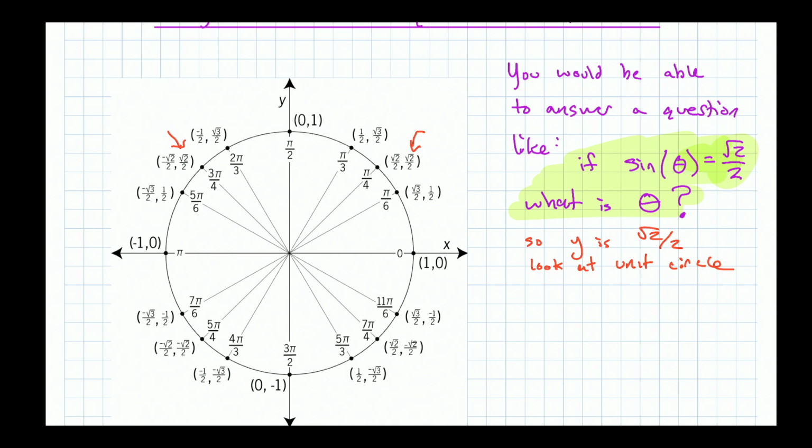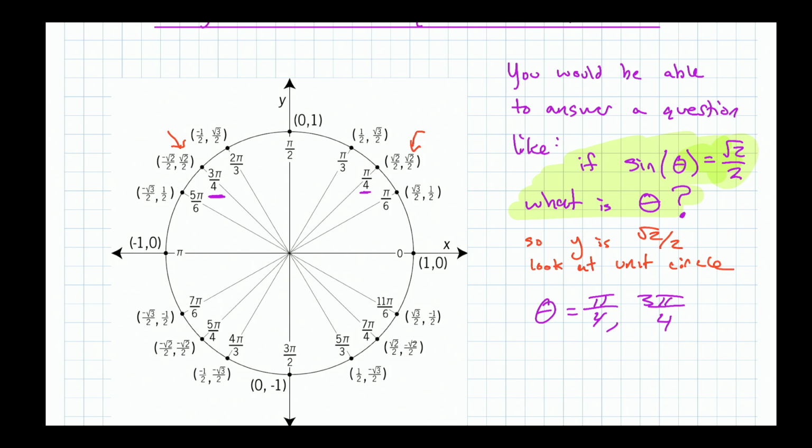So your answer to the question would be simply theta equals pi over 4, right? That's the first angle. And then the other one would be over here, 3 pi over 4, right? And so you would be able to do that pretty easily.